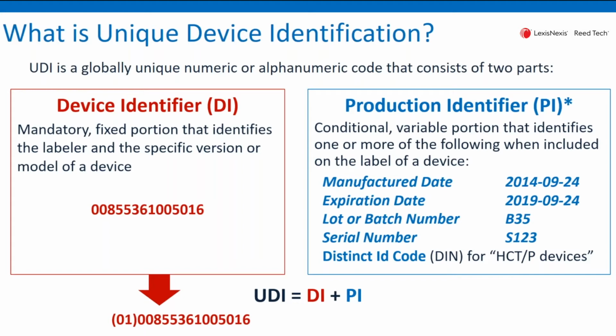So the 01 identifies those particular digits as a device identifier. And in the same fashion, the 11, 17, 10, and 21, all in parentheses, identify various values in the production identifier. So the full UDI would be all those digits that we see in front of us.